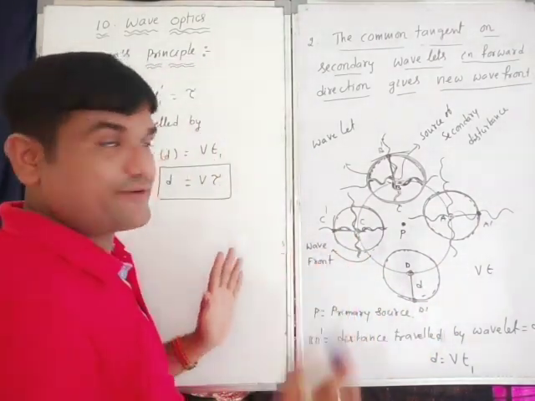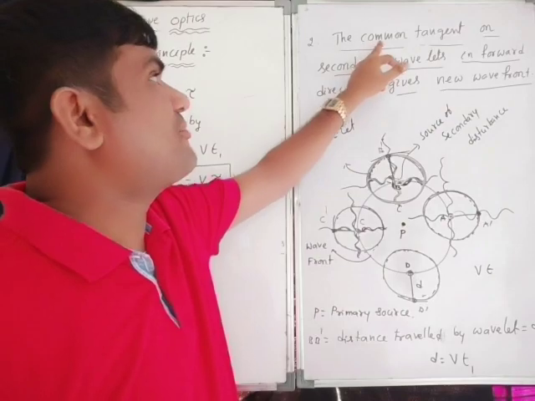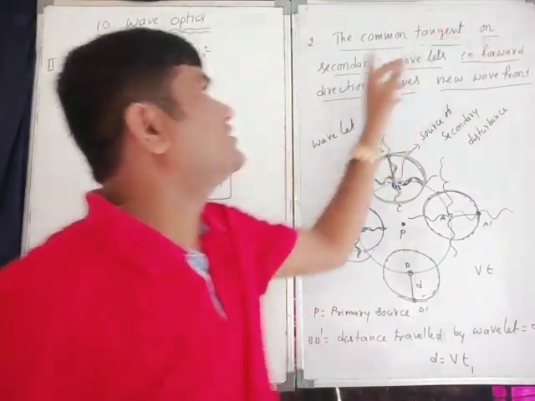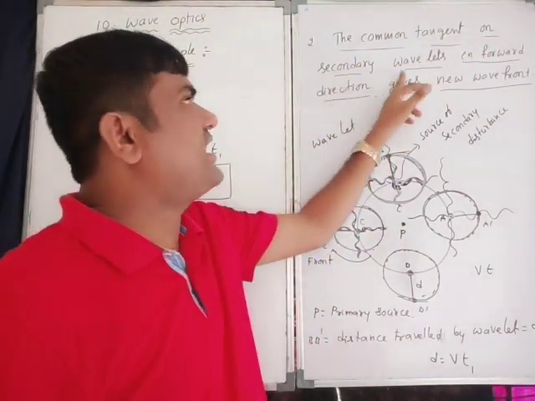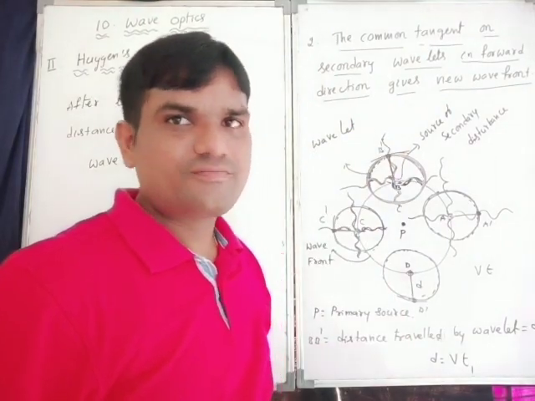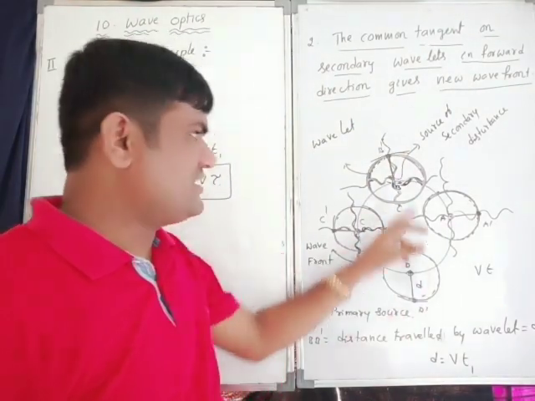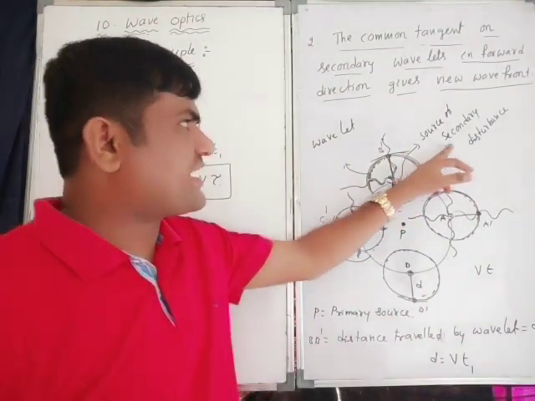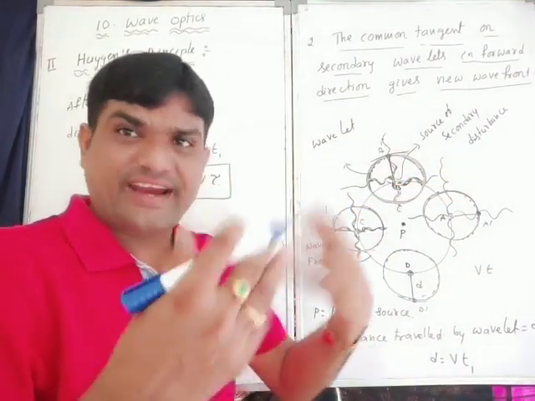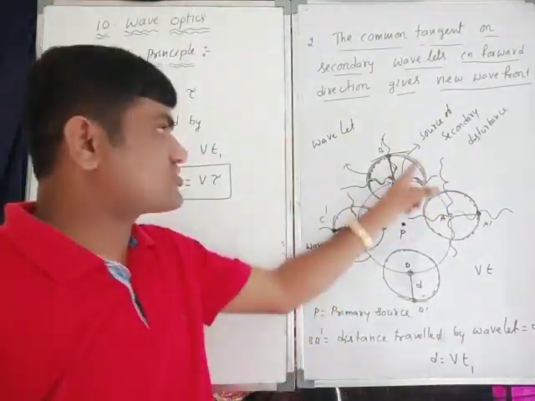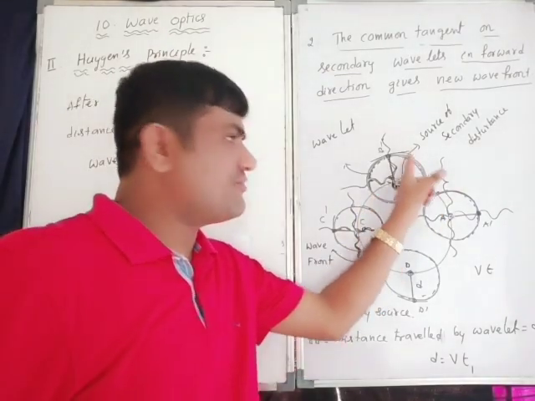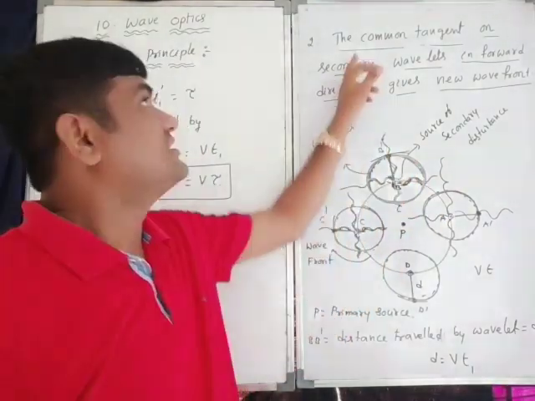We can observe the second point. What is that? The common tangent on secondary wavelets. That means this is the source of secondary disturbance, which gives secondary wavelets.